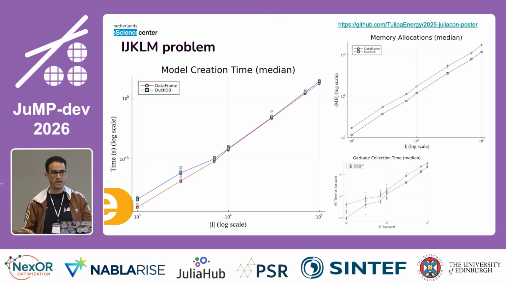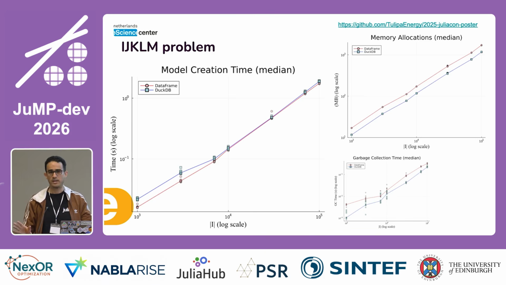Around that time, we compared with the IJKLM problem that came up in a blog post. And the solution there was to do all the data preparation using data frames. And since we were using data frames and we were considering the switch, we compared this.